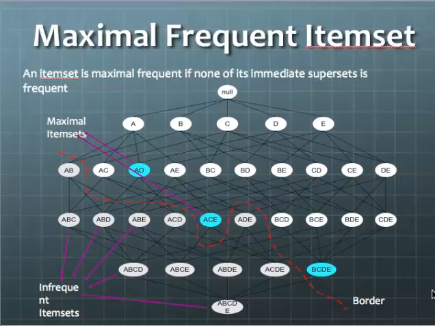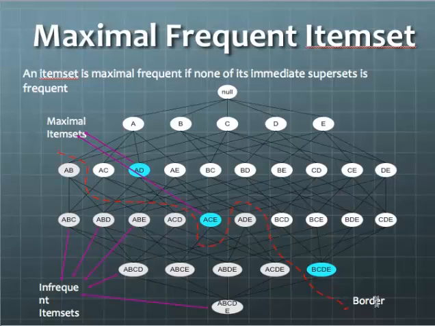The definition of a maximal frequent item set is that a maximal frequent item set is defined as a frequent item set for which none of its immediate supersets are frequent. To illustrate this concept, consider the item set lattice shown in this figure. The item sets in the lattice are divided into two groups, those that are frequent and those that are infrequent.